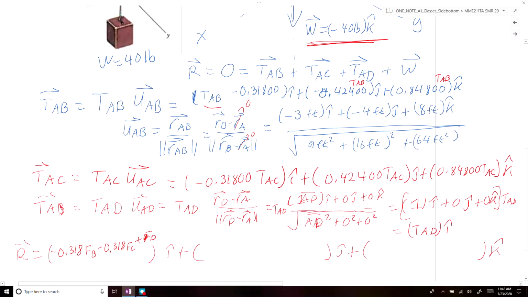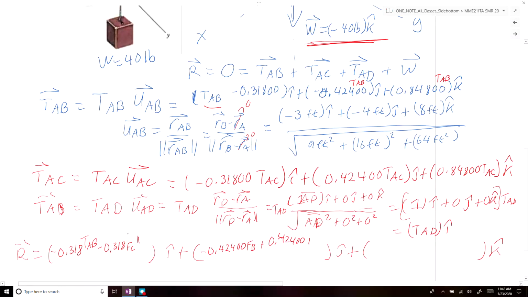For the y component, we'll get minus 0.424 FB plus 0.424 FC. Sorry, this should be TAB.